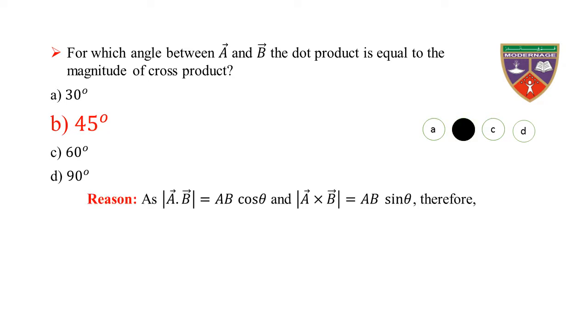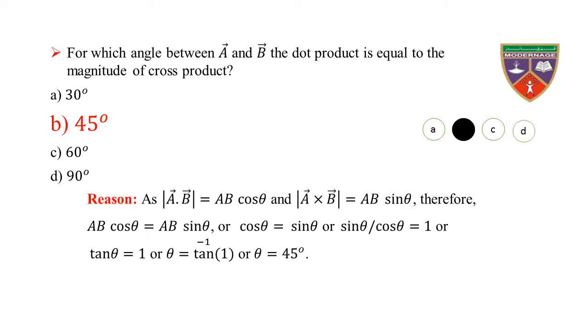Reason. As the magnitude of A dot B is equal to AB cos theta and the magnitude of A cross B is equal to AB sin theta, therefore AB cos theta is equal to AB sin theta. AB is cancelled on both sides.